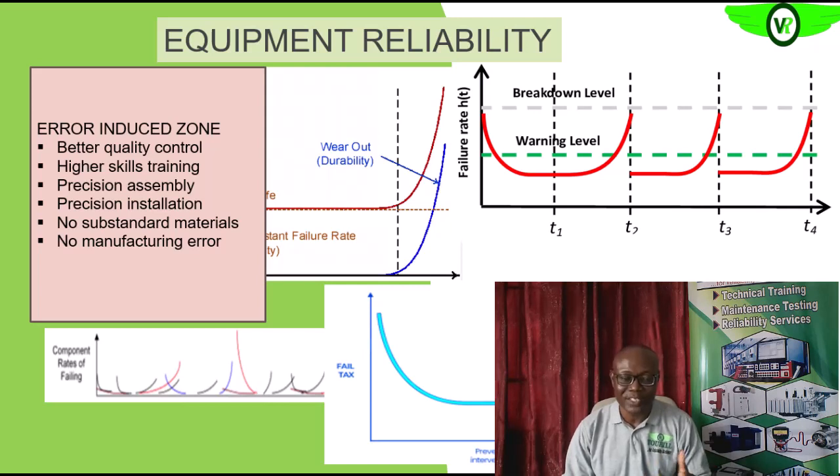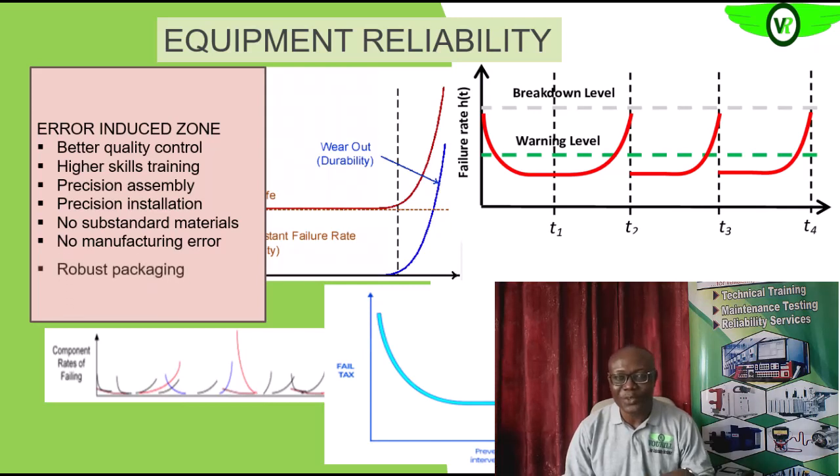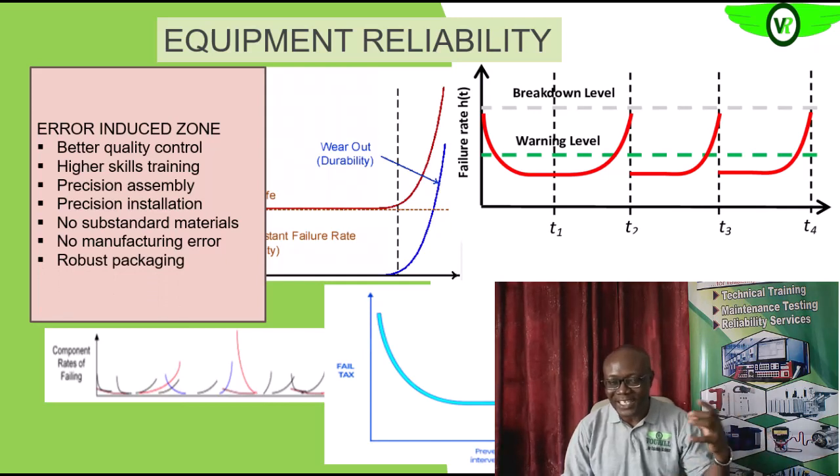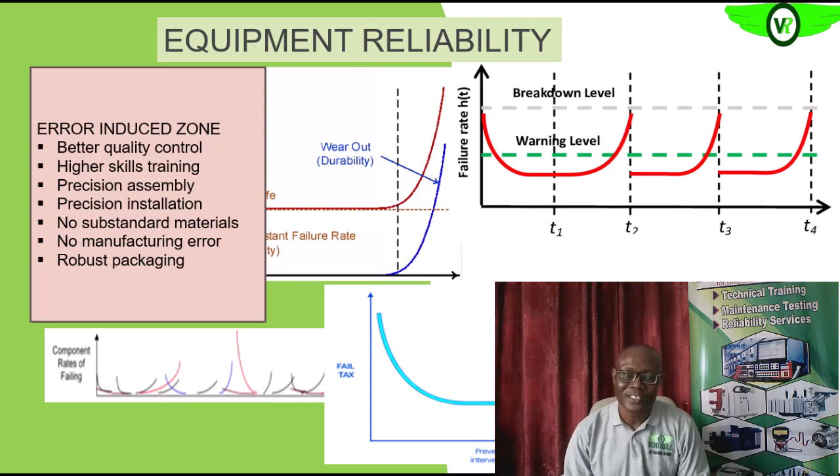Factory acceptance testing will help you to see if there are errors at the manufacturing level. Then the packaging also helps us to take care of the error that may be introduced during the handling as we are transporting the asset or the equipment to our facility.